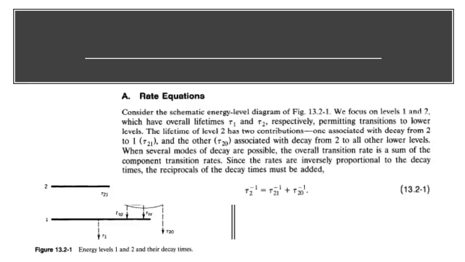Here, the rate equations are given. If we consider the schematic energy level diagram shown here, we focus on levels 1 and 2, which have overall lifetimes tau 1 and tau 2 respectively, permitting transitions to lower levels. The lifetime of level 2 has two contributions: one associated with decay from 2 to 1, called tau 21, and the other, tau 20, associated with decay from 2 to other lower levels.